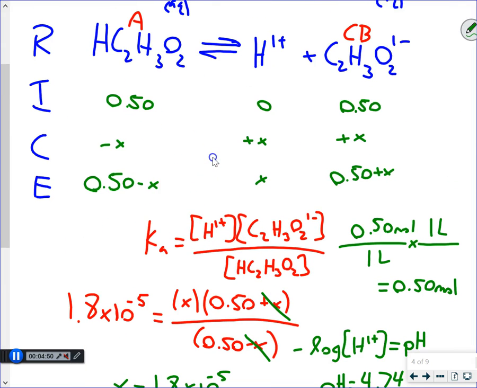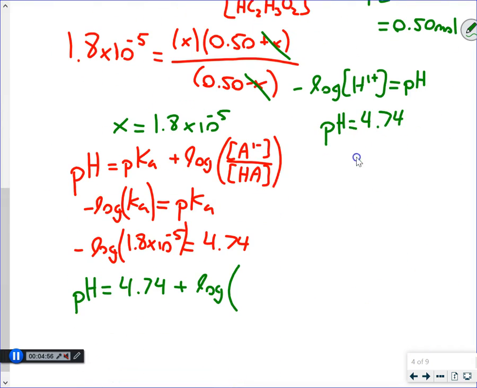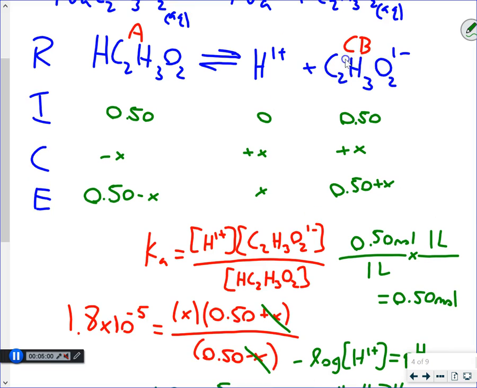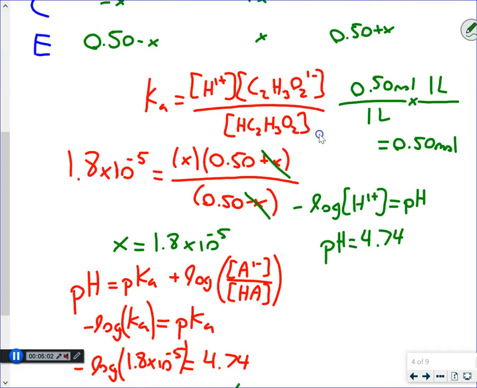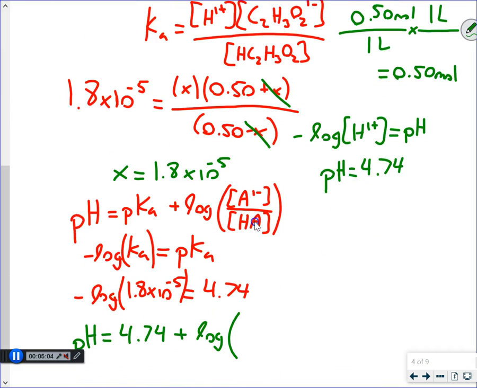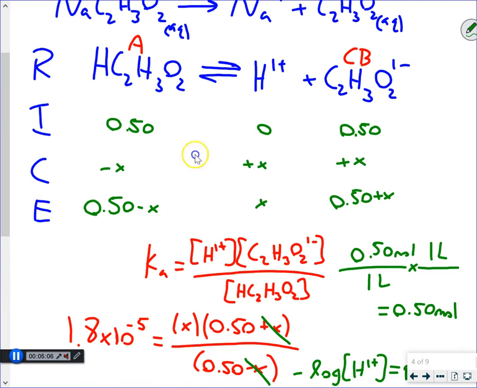Up above, we were given that the molarity of both of these things equals 0.5. So I can plug in 0.5 for the conjugate base, which is the acetate, and 0.5 for the weak acid, which is the acetic acid.